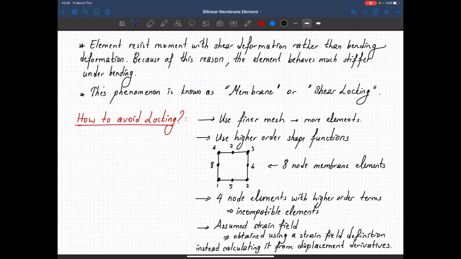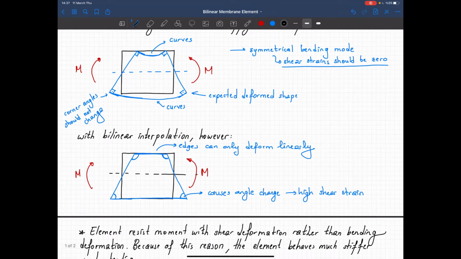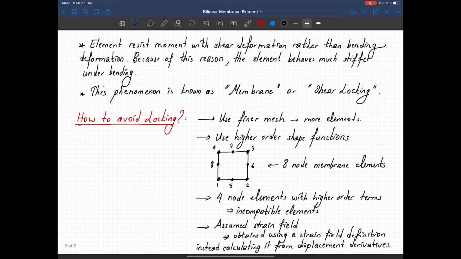Basically this approach does this. If you have a constant moment, you should have 0 shear strain, right? And if you have different moments, then you have a constant shear strain within the element. By using this information, you can come up with a certain assumed strain field within the element.